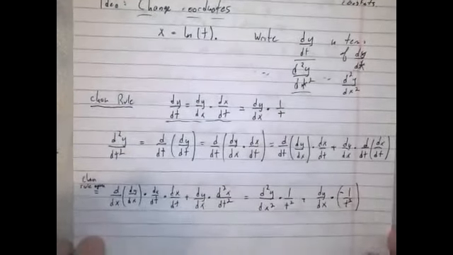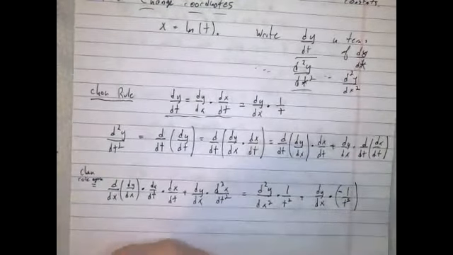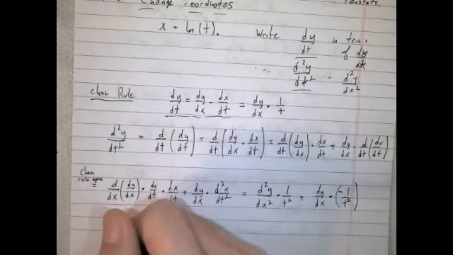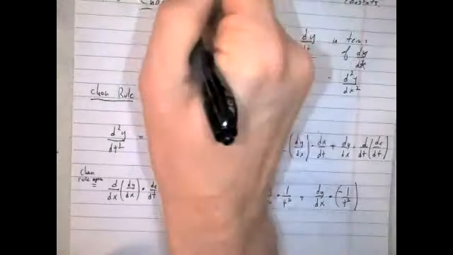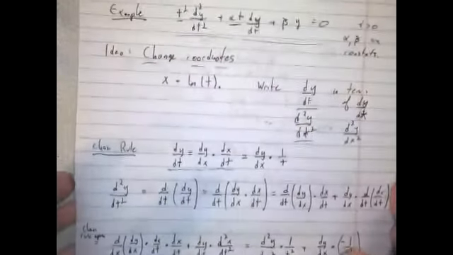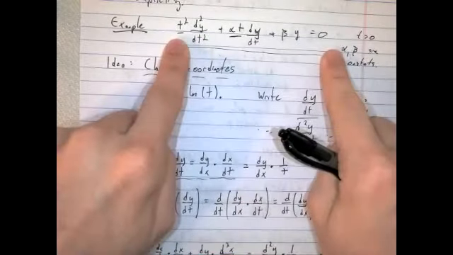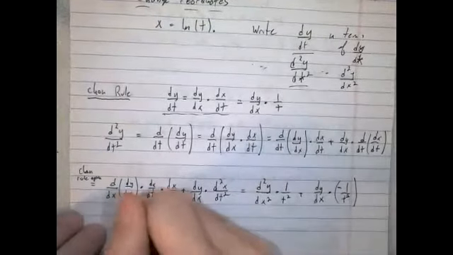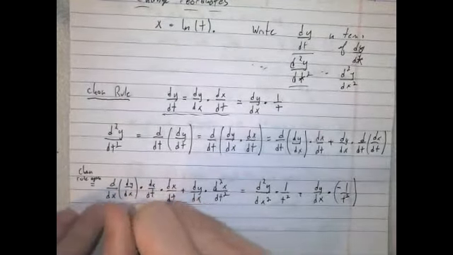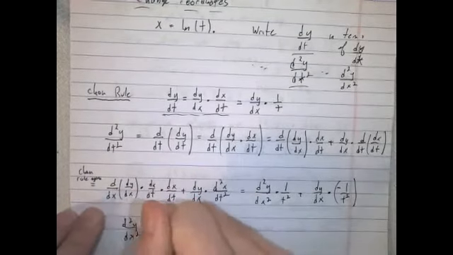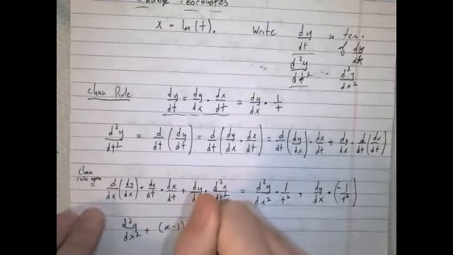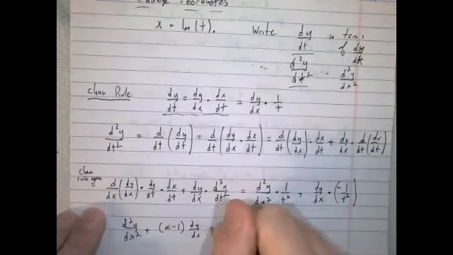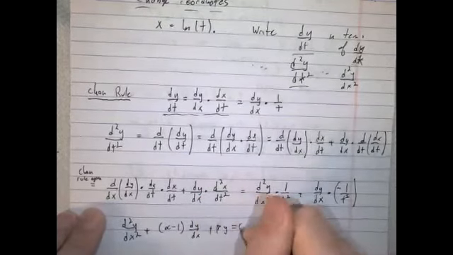So when I plug in, I get the new differential equation, now in terms of dy dx. It becomes d squared y over dx squared plus alpha minus 1 times dy over dx plus beta y is equal to 0.